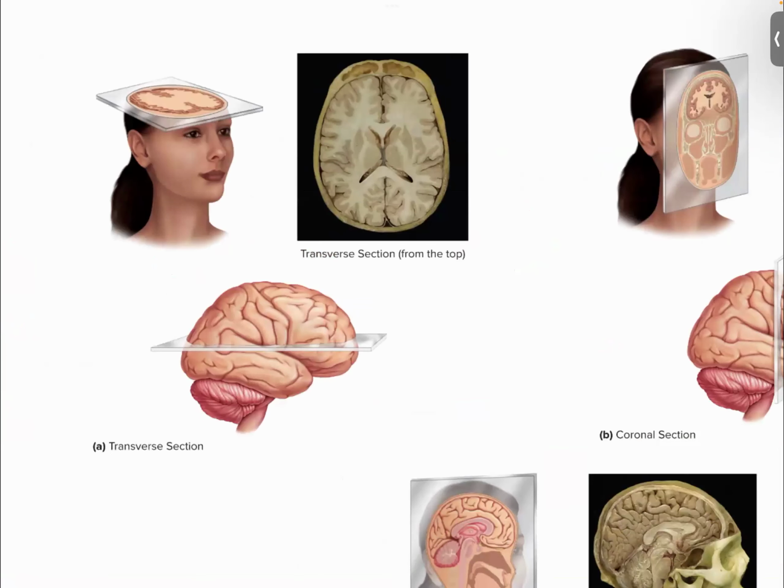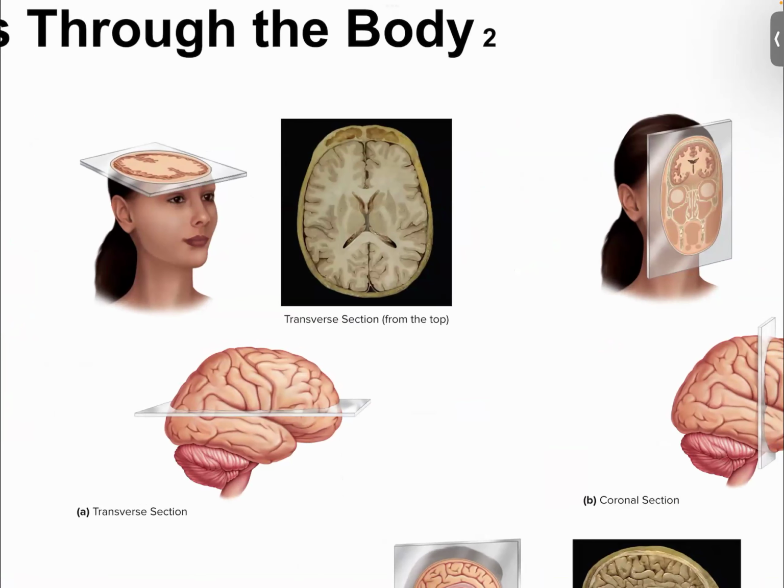So here's a good example. I love these images, right? So here's a transverse section. You can see you're just slicing her head off right there. And so this gives you this transverse aspect of the brain, as if you're looking down through the top. We've seen a lot of these in different images.